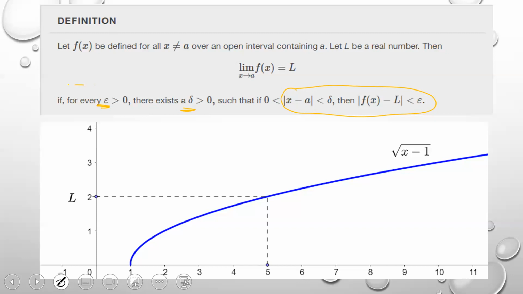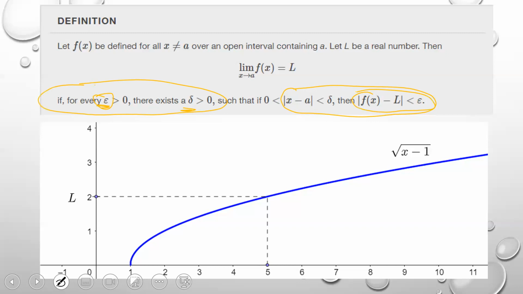And actually, I shouldn't say that. This part up here is important too. So what is this saying? Well, notice that the epsilon has to do with this part of the definition down here that has the absolute value of f of x minus L less than epsilon. So what is it saying?